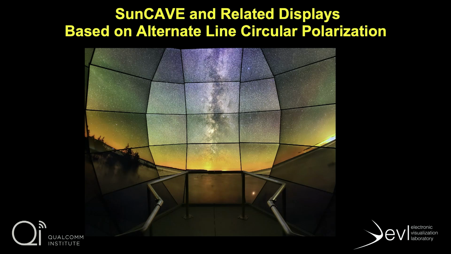So the next cave after that was developed at Qualcomm Institute. It's called the Sun Cave, and it's made up of a bunch of these Sony consumer TVs. The big advantage of these prosumer and consumer displays is that they're fantastically less expensive than the commercial markets. You have to address these things fairly straight on to get them to work.